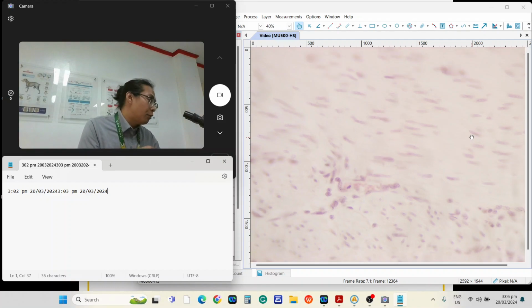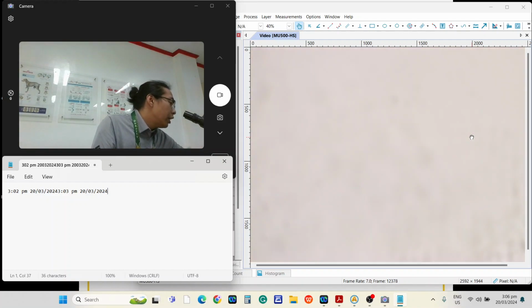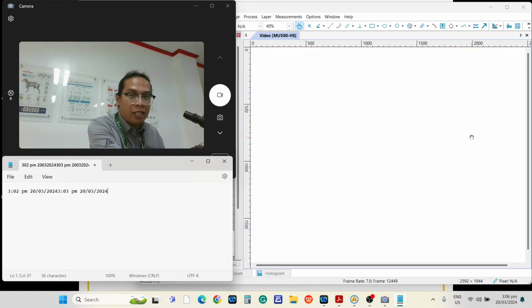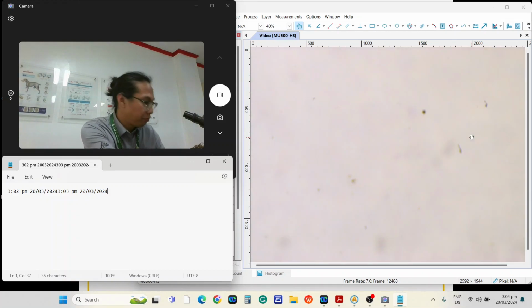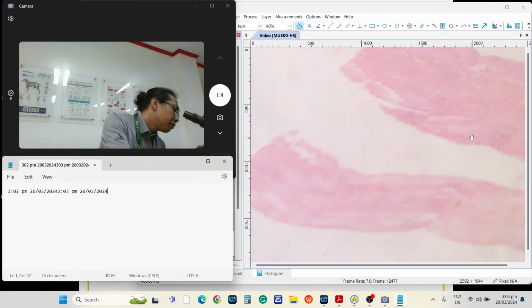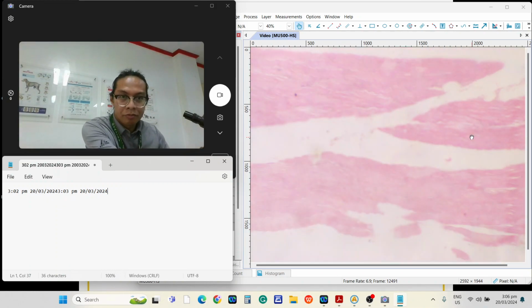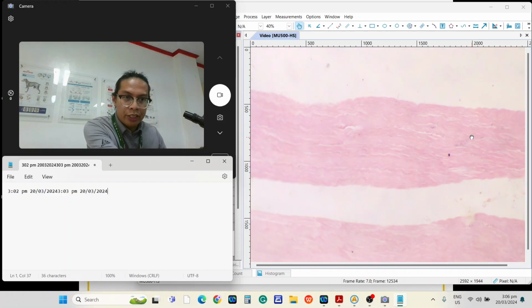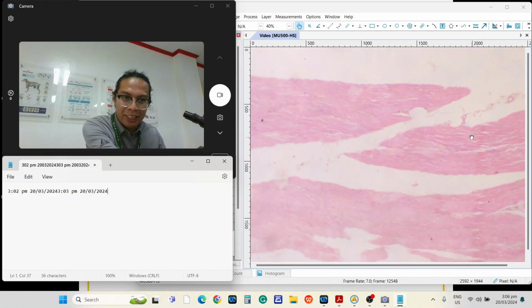Moving on now to the striated muscle. Striated muscle under longitudinal section. Now, this type of muscle tissue, it is actually a misnomer kasi hindi na siya mukhang cell.